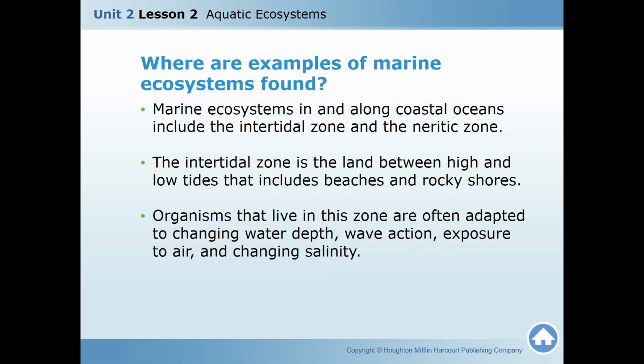The land between the low tide and the high tide is called the intertidal zone. Clear? Organisms that live in this zone, like those crabs and shells, are often adapted to changing water depth, wave action, exposure to air, and changing salinity.